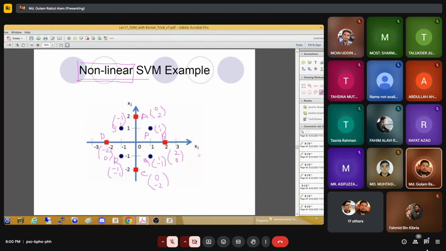So it will try to project the data points into some higher dimensional space, or maybe the same dimensional space but in different positions, or different locations. That means we need to apply a translation, projection, or transformation here.